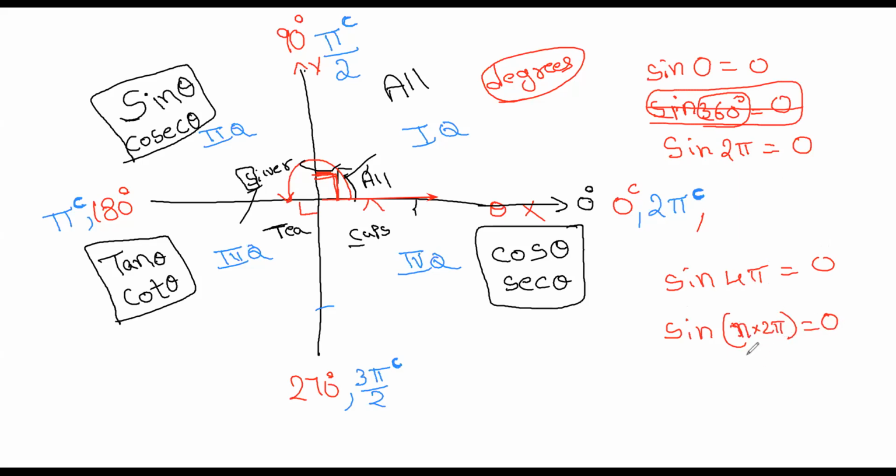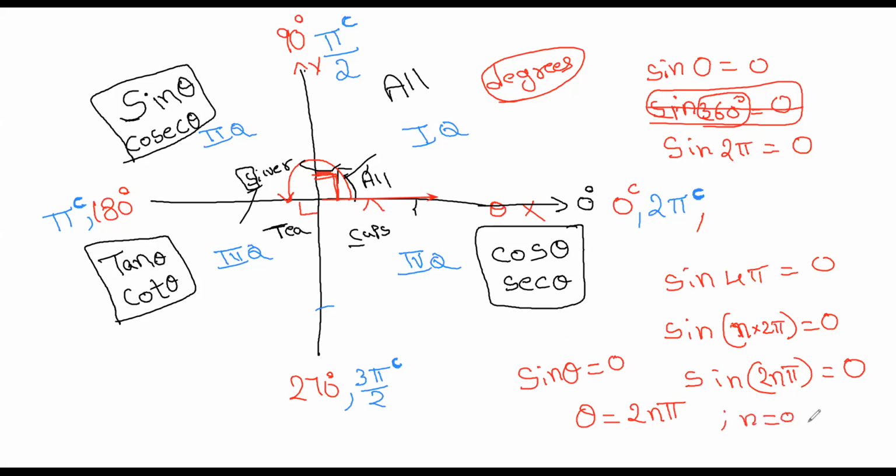Now we know sine of 2n pi is always 0. Otherwise, they can say if sine theta is 0, then theta can be 2n pi, where n starts from 0, 1, 2, and so on.